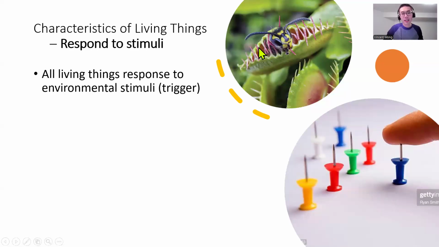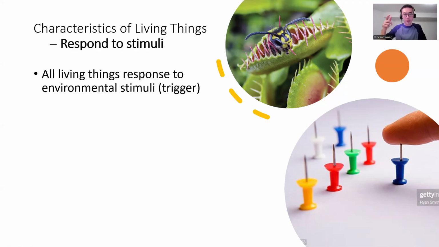They have these little tentacles on their flowers, and when a bee lands on them and touches some of these tentacles, it causes the plant to close the trap, and then it will digest the bee. So when the bee lands on it, that's a stimulus.